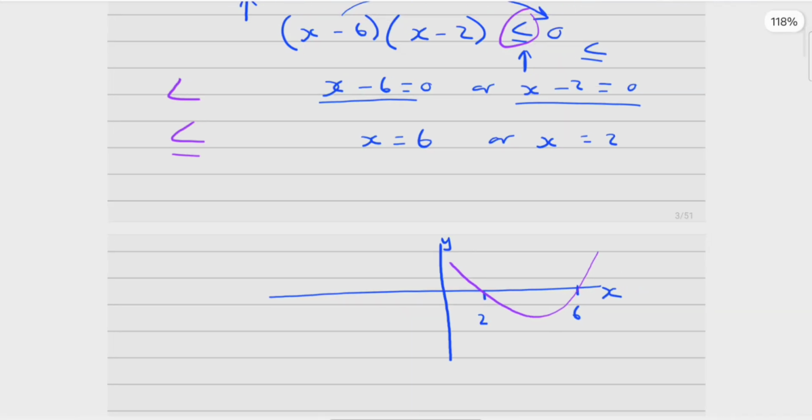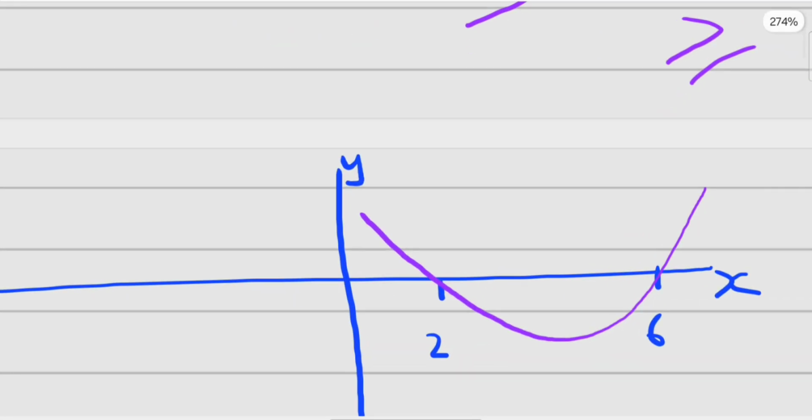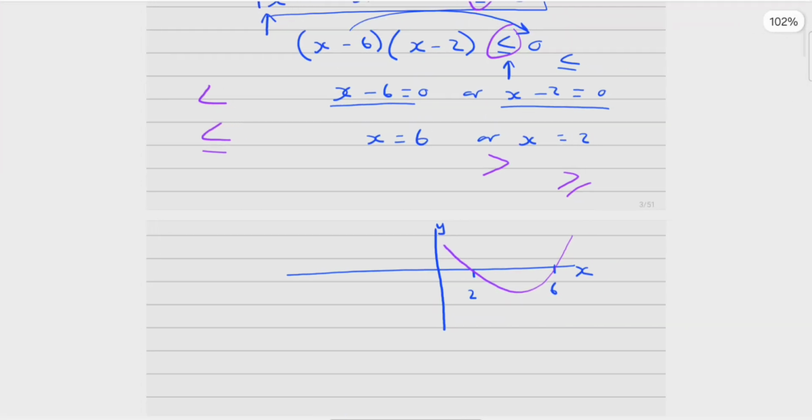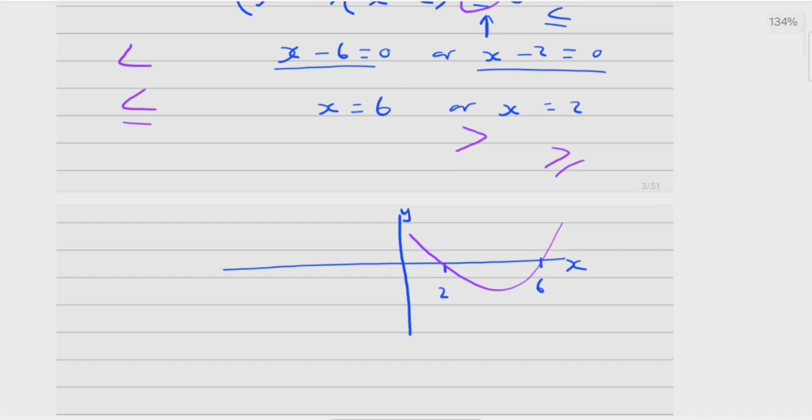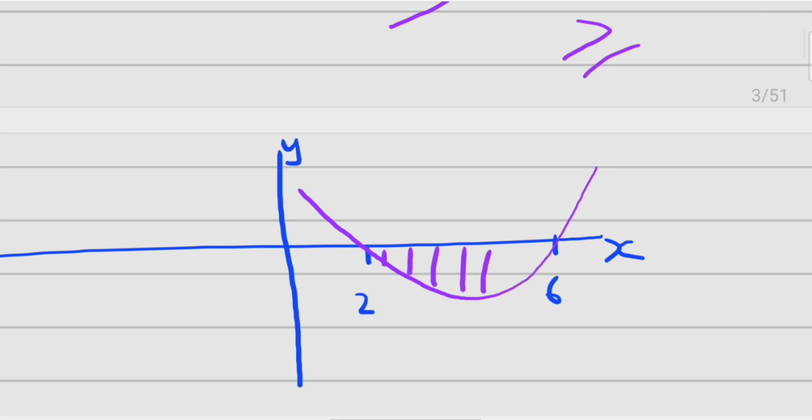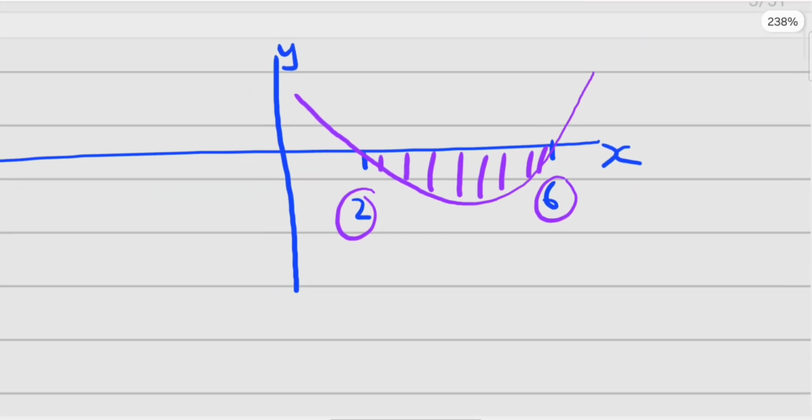And whenever we're given greater than or equal to, we are looking at the regions above the x-axis, which in this case will be this region and this region. So for this particular equation, we have less than or equal to, meaning we're dealing with this, and you can see that we have that region from x being equal to 2 to x being equal to 6.